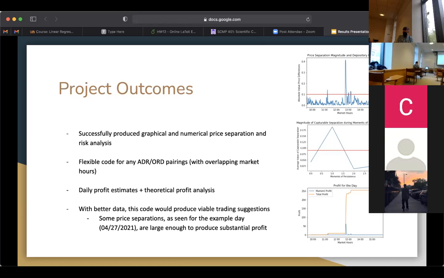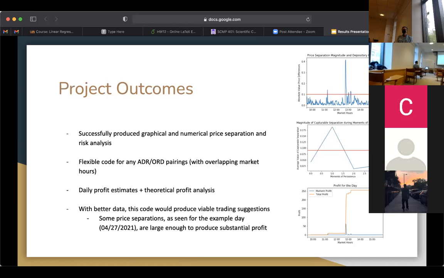The second graph is going a little bit into the risk analysis, and it'll be more thoroughly explained when we go over the project demonstration, but the general idea is this. Each of these points on the blue line represents the average value of the magnitude of separation for a moment of price separation.